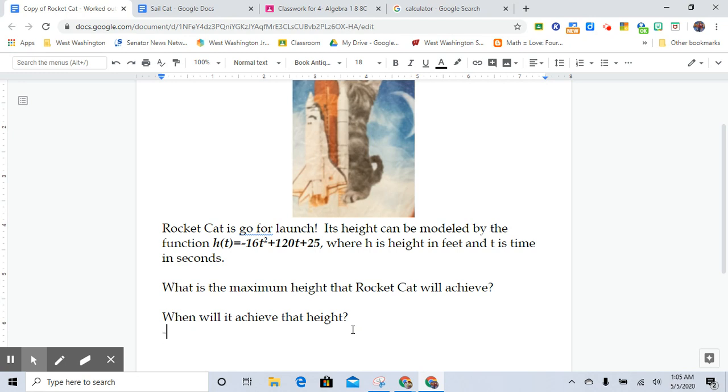And so that would be negative 120 over 2 times negative 16, which is negative 32. And I put that in the calculator a moment ago, and I got 3.75. And so after 3.75 seconds, the cat will have reached its apex.